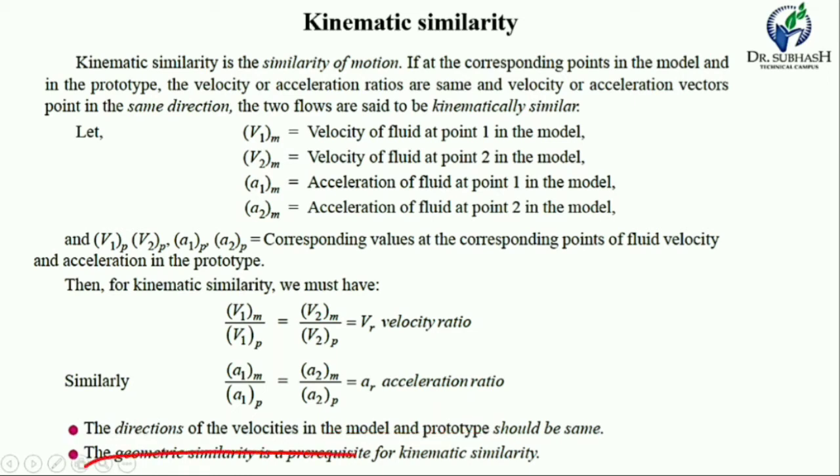And geometric similarity is a prerequisite for kinematic similarity. In short, if the model is geometrically similar to the prototype, then we get kinematic similarity. So for kinematic similarity, the model must be geometrically similar to the prototype.